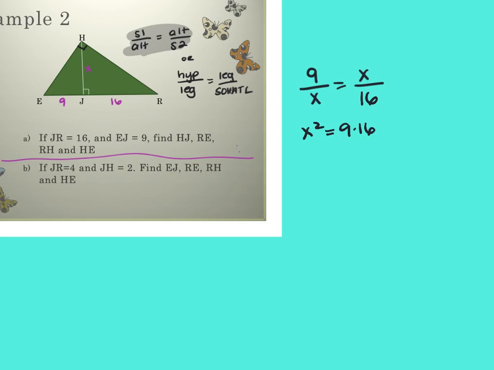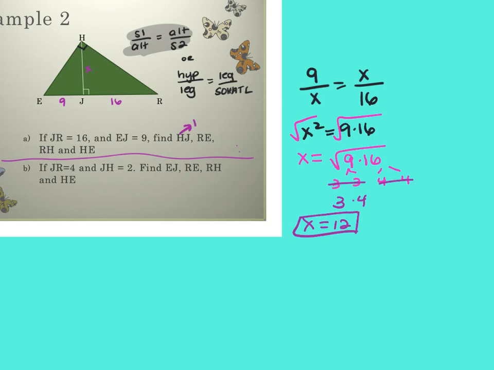I get x equals the square root of 9 times 16. 9 is 3 and 3, 16 is 4 and 4. I can break it down further, but I don't need to because they both repeat. So this is 3, this is 4, and x is 12. HJ is 12.